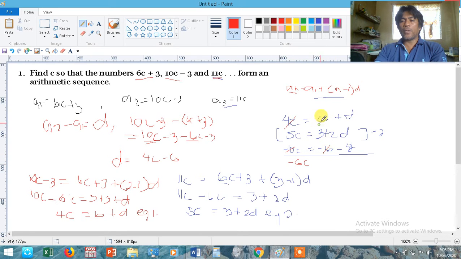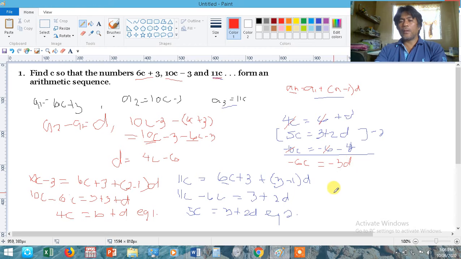This one would be 0. So what is left is we have d plus 4d will give you, no, this one 4d negative of 1d, so will give you negative 3d.